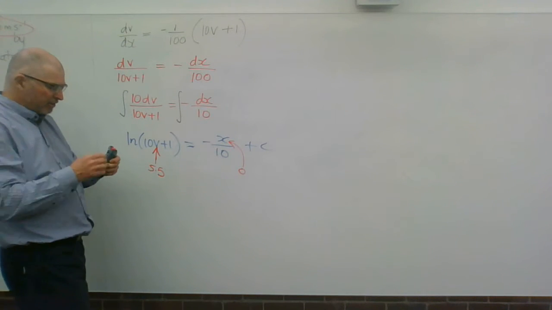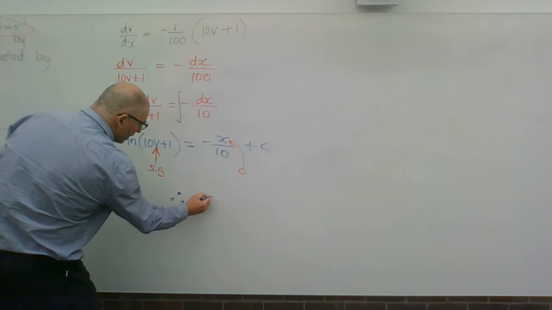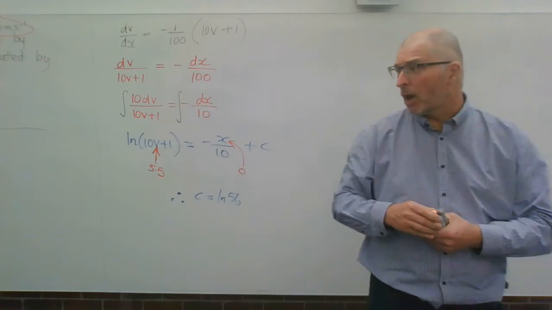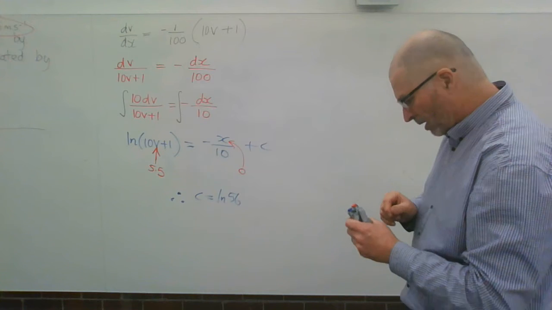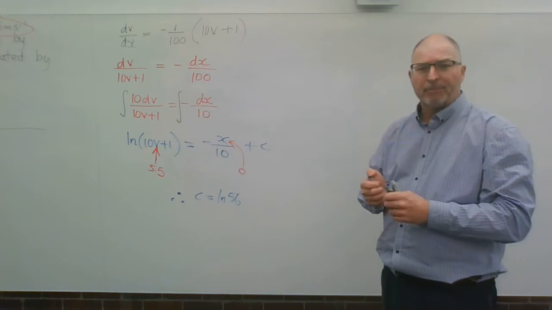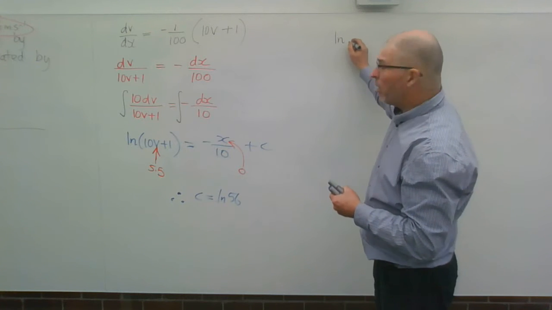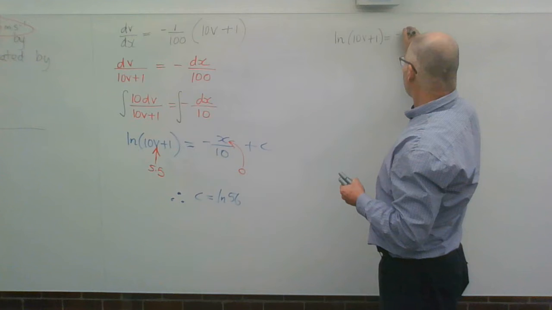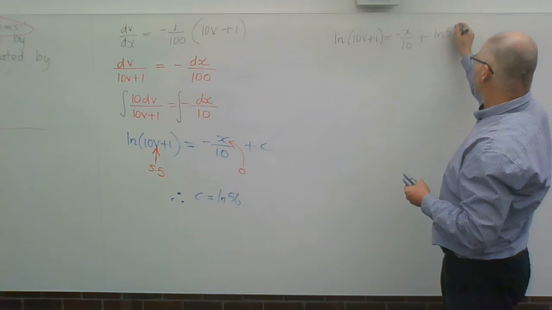C is equal to the natural log of 56. So I'm pretty close to getting the answer of find v as a function of x. What I'll do is write down that ln of 10v plus 1 equals minus x on 10 plus ln of 56.